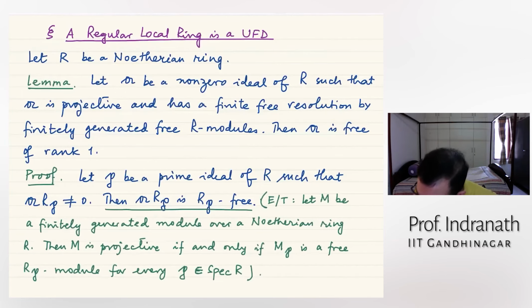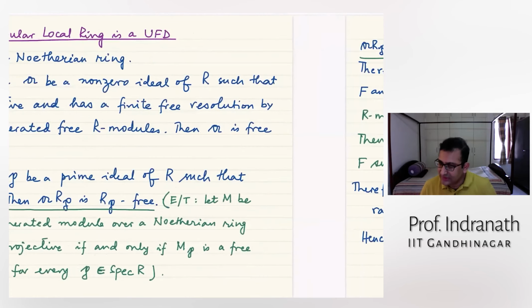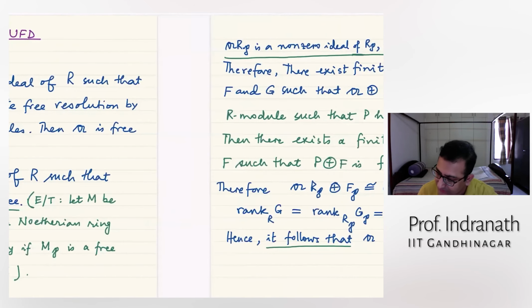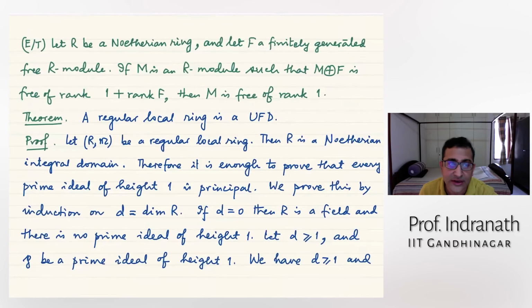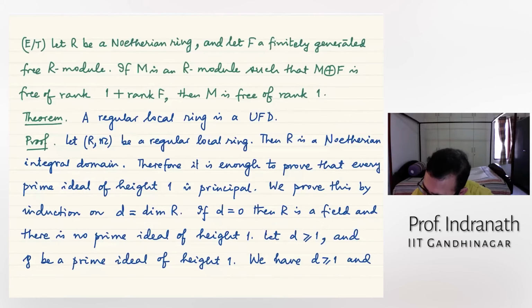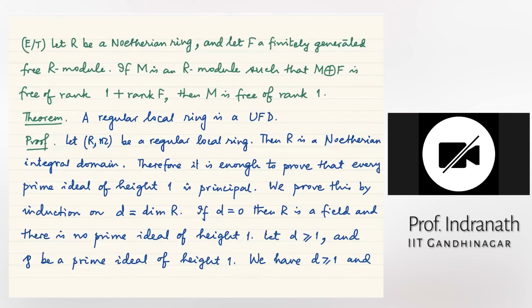Now we are in a position to prove the theorem that a regular local ring is a unique factorization domain. A regular local ring is a Noetherian integral domain, as we have already proved. Do we need the Noetherian condition in this E stroke T? You mean in this one? Yes, because it will come from the wedge. That's true.